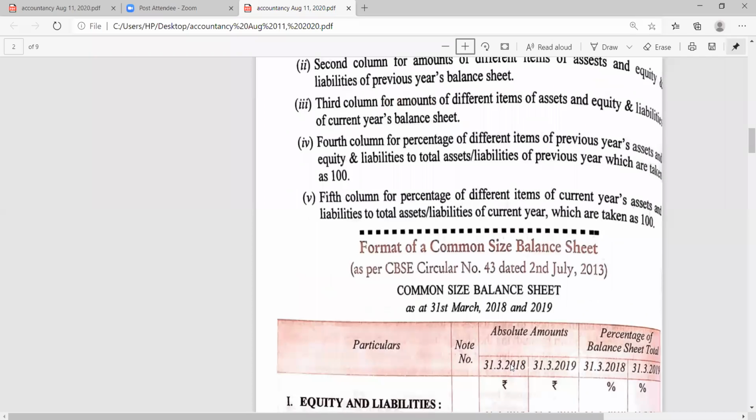Then in the second column, the absolute figures of the previous year. In the third column, absolute figures of the current year. In the fourth column, it is to be shown the percentage change in the figures, the percentage relationship of the figures of equity and liability with its total, and assets with its total as well.